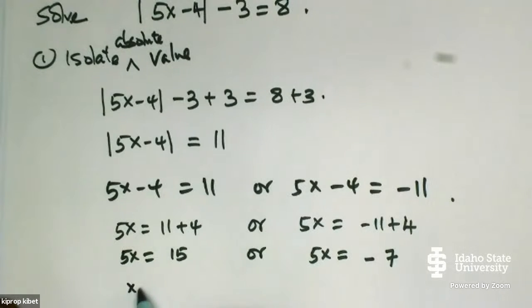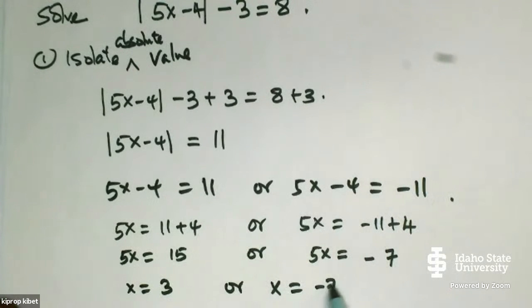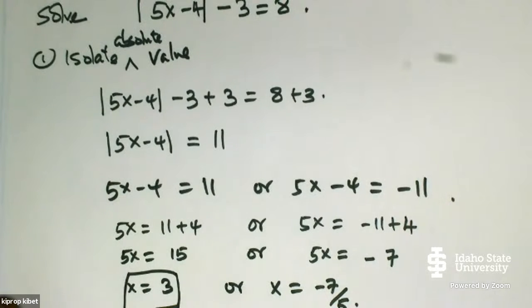So x equals 3, or x equals negative 7 over 5. And these are the values of what? The values of x.